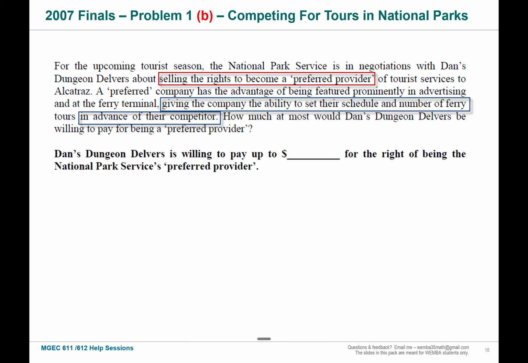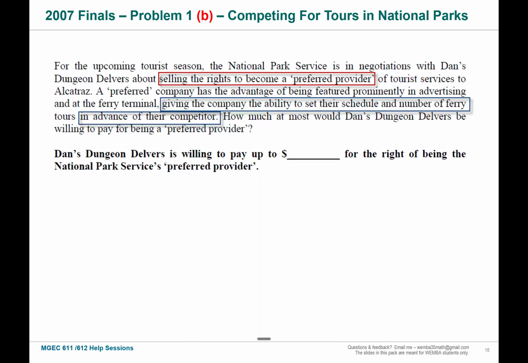A preferred company has the advantage of being featured prominently in advertising and at the ferry terminal, giving the company the ability to set their schedule and number of ferry tours in advance of their competitor. How much at most would Dan's Dungeon Delvers be willing to pay for being a preferred provider?